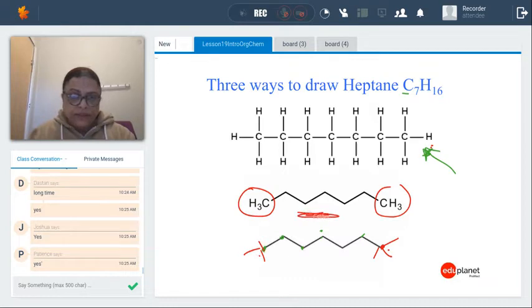So this is a mixture between the two. It doesn't matter how you draw it, as long as you draw it correctly. A carbon never has more than 4 bonds: 1, 2, 3, 4. So far, so good?